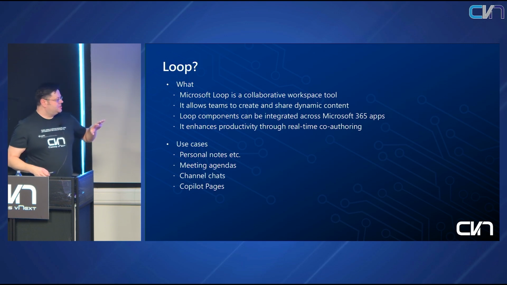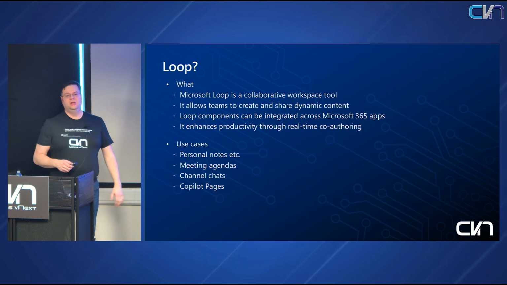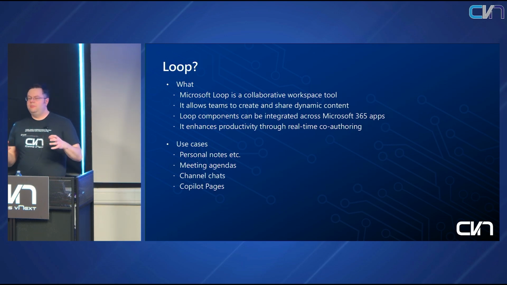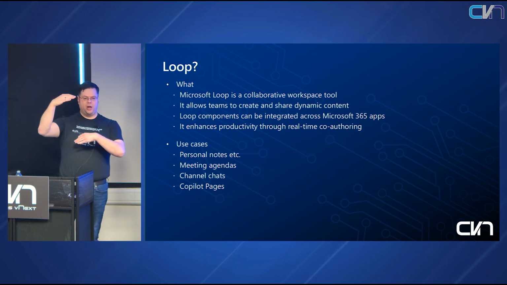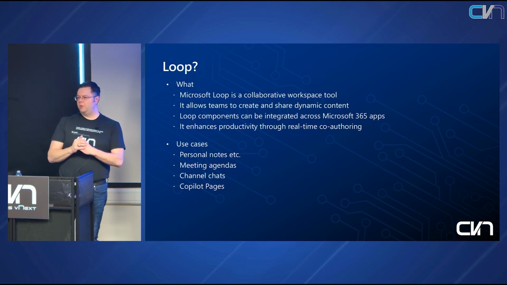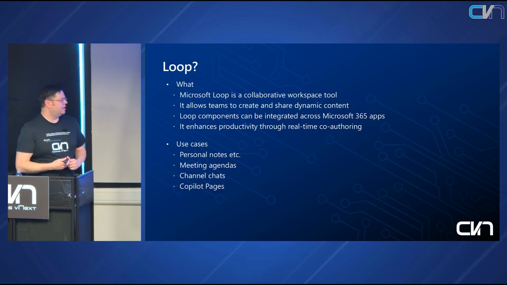The use cases where you might want to use Loop: things like your personal notes. The way it works is you can have these workbook things. So I make a personal projects workbook, and then if I've got loops with different projects and people in my organization, I can pull in those pages and build my own little notebook, for want of a better word, which lets me see the status of those projects and that information in real time.